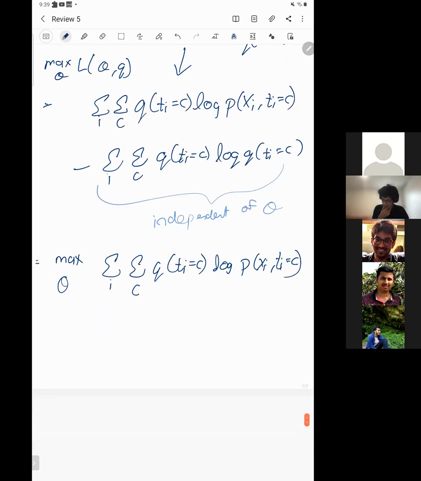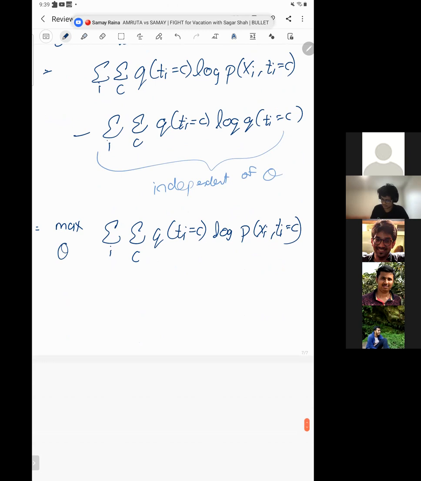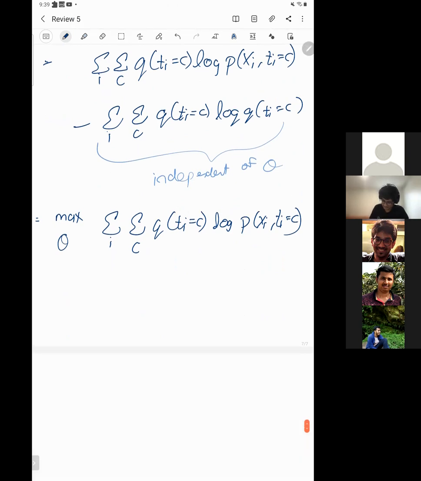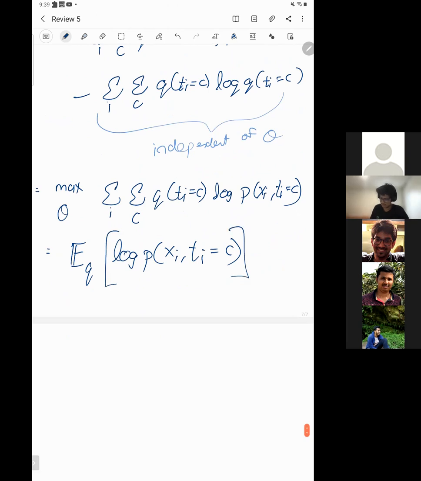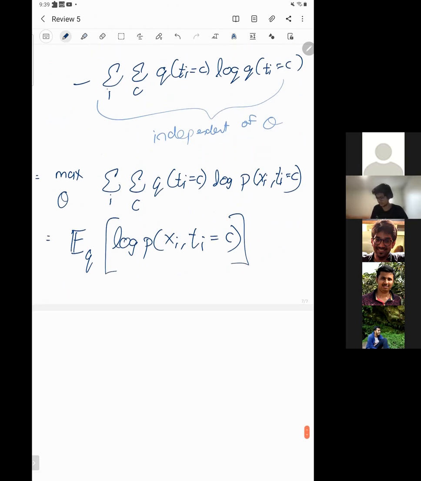And then using LOTUS, we can simply write the expectation of this. And the Q denotes the distribution Q of Ti.